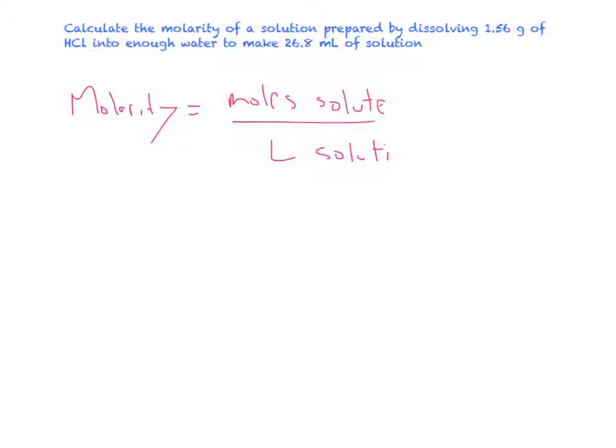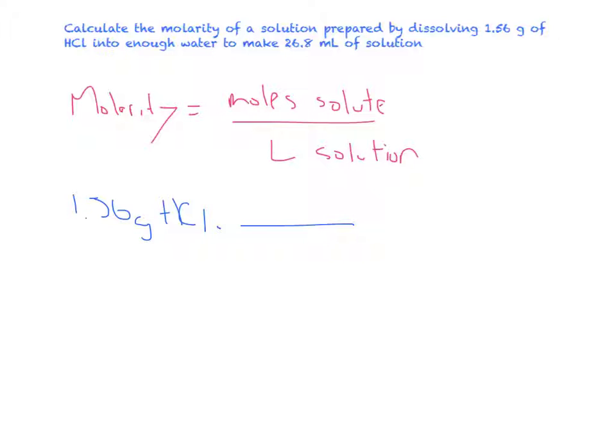In this problem, they gave us our solute, the thing that's being dissolved, in grams, and the volume in milliliters. So first we convert this 1.56 grams to moles, and then convert this 26.8 milliliters to liters.